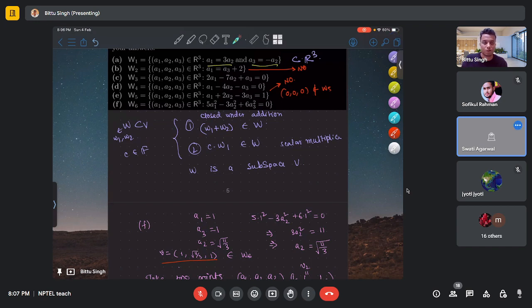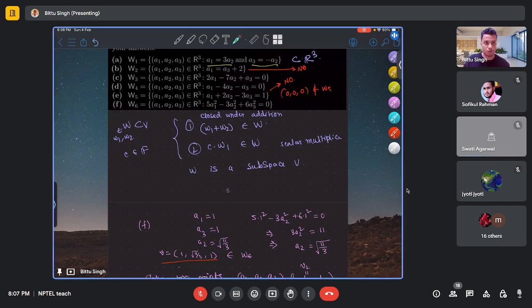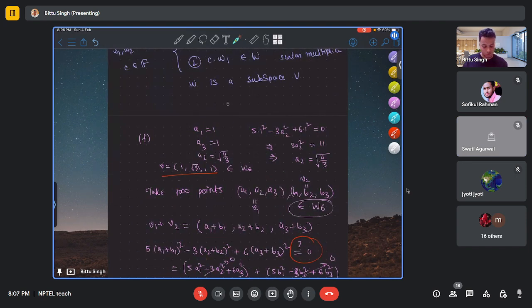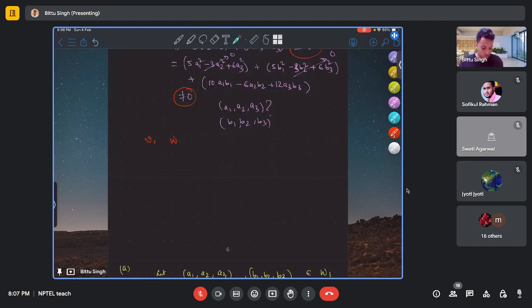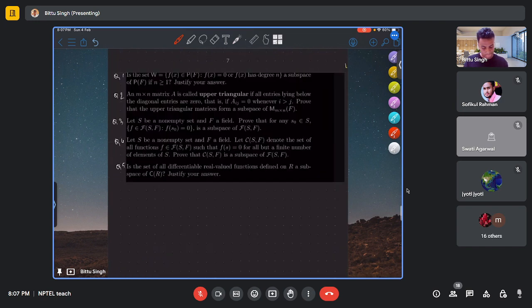I am not doing this because it will consume lots of time, so it is an exercise for you. Now find V1, V2 which satisfy that equation, but V1 plus V2 does not satisfy the same equation.